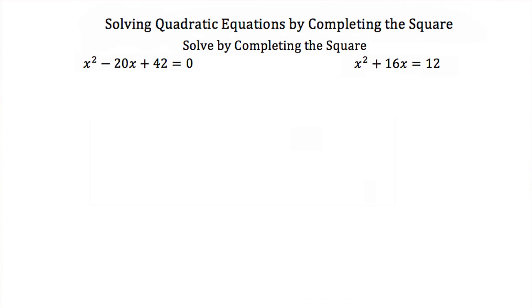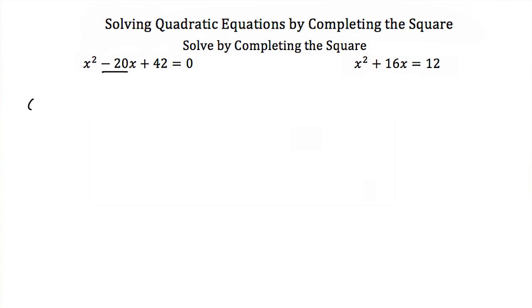So now let's see how we can use completing the square to solve a quadratic equation. Here we have x squared minus 20x plus 42 is equal to 0. Now this left-hand side is not a perfect square trinomial, but we'll complete the square and we'll force it to be one. So we look at our b term here, and it's negative 20.